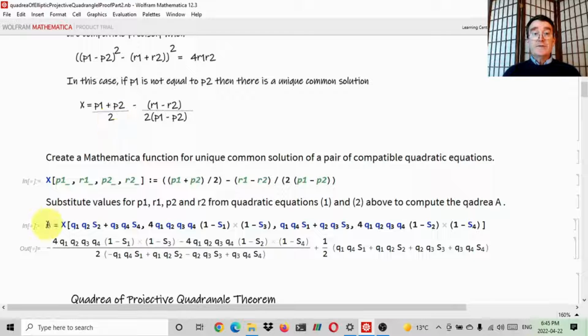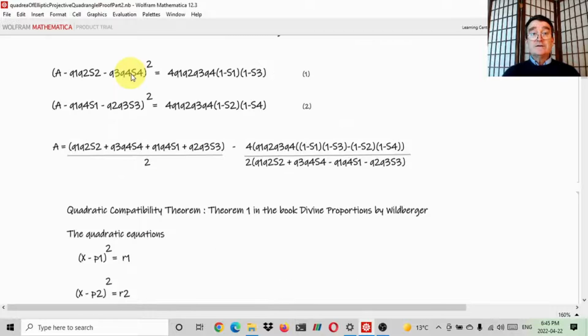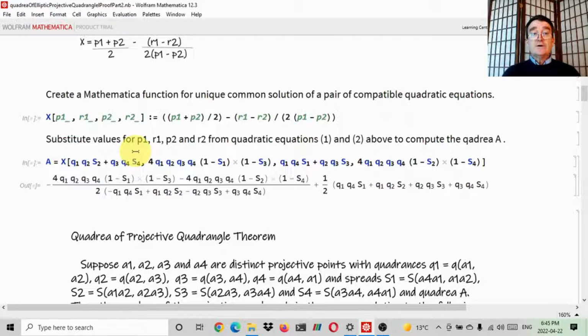And when we substitute the values for P1, R1, P2, and R2 of these two compatible equations, P1 is this quantity here, R1 is the right-hand side of equation 1, P2 is the quantity here, and R2 is the right-hand side of equation 2. So we substitute those values into the formula for x to get A, and this is A right here.